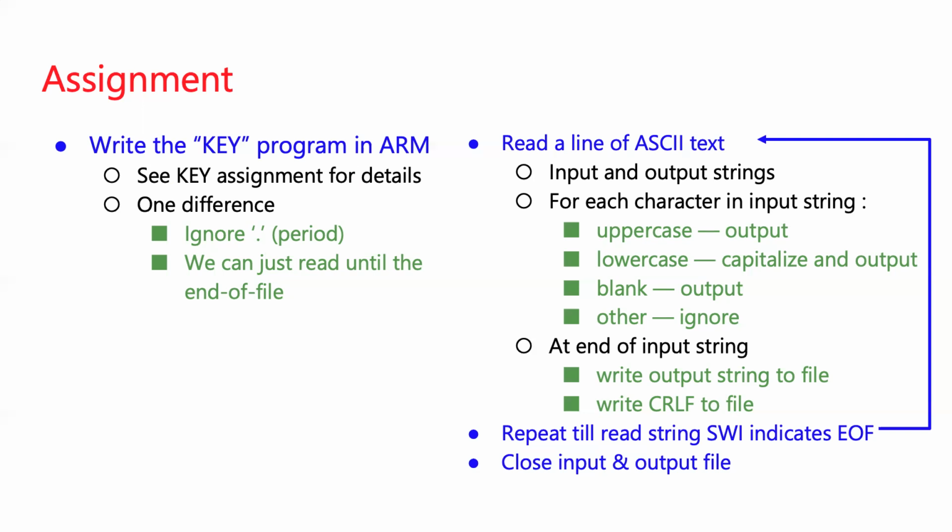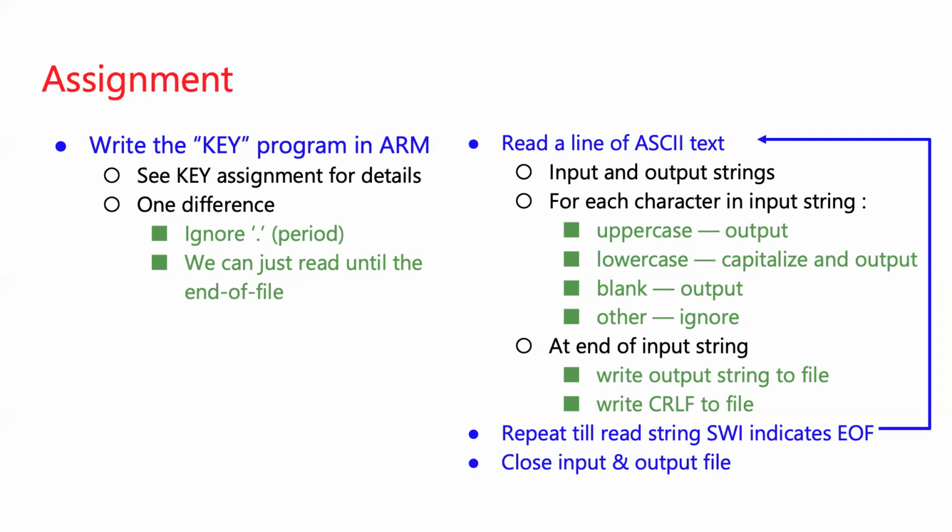I know it's been a while since you did the key assignment, but remember that was the one where you read in characters. For uppercase letters, you print them out as regularly. For lowercase, you capitalize them and print them out. For spaces, you just print them out as spaces, and anything else, you read it in and ignore it. And this is one of the changes for this version of the assignment.